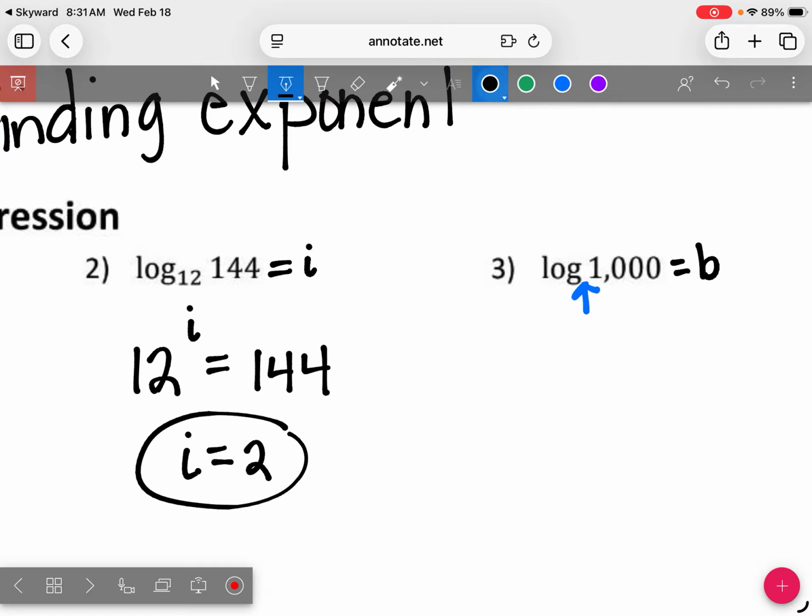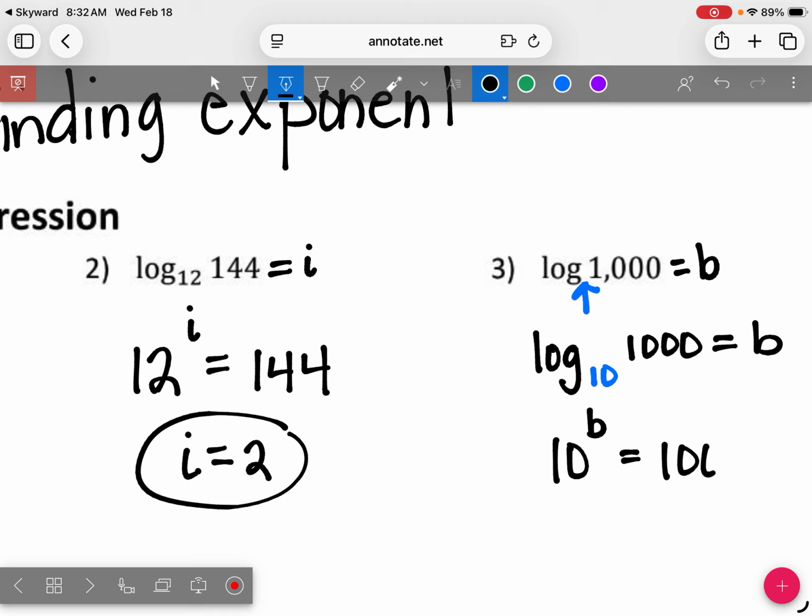So this is log base 10 of 1,000 equals B. So this would be 10 to the what power is equal to 1,000?